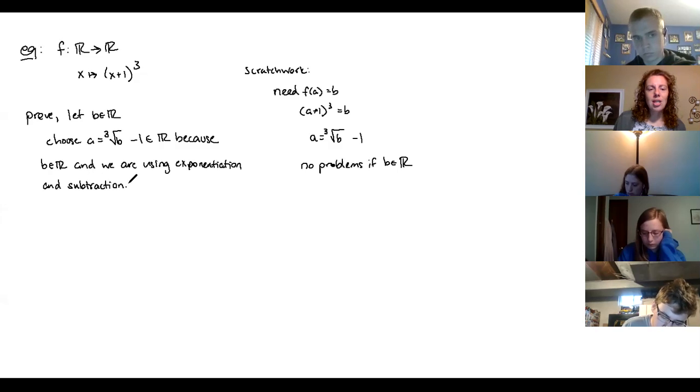Again, exponentiation with fractions is potentially problematic with the integers. It's okay with the real numbers. If you've got cube roots, no problem there.